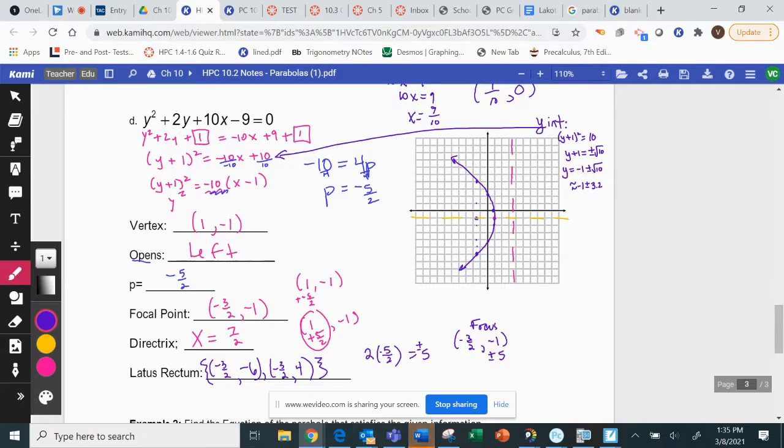So you should be practicing that. And I'm pretty sure I have some x-intercepts or y-intercepts in there. Maybe I don't. Anyway, make sure you practice those.